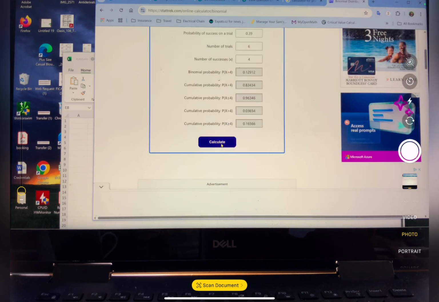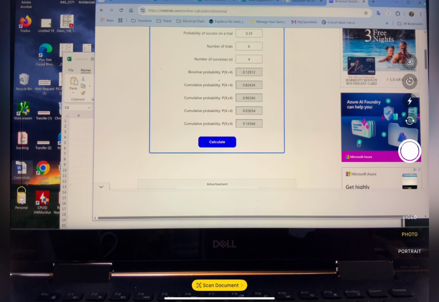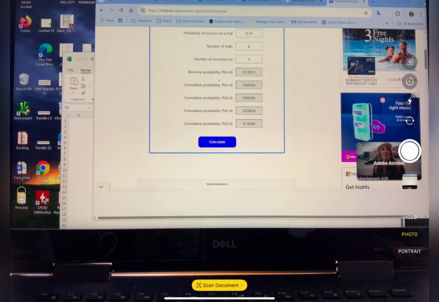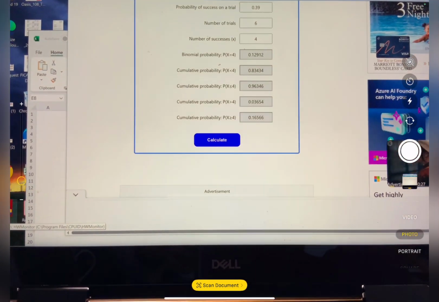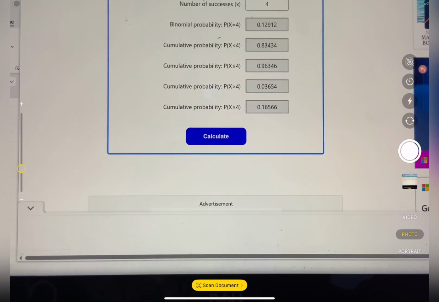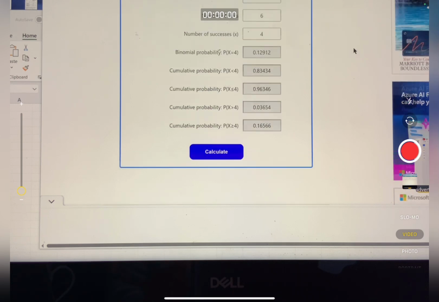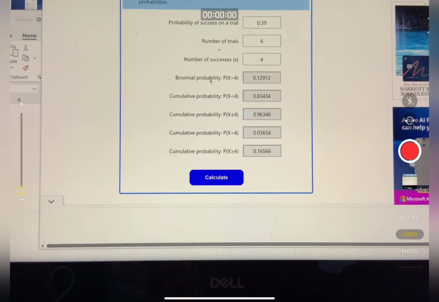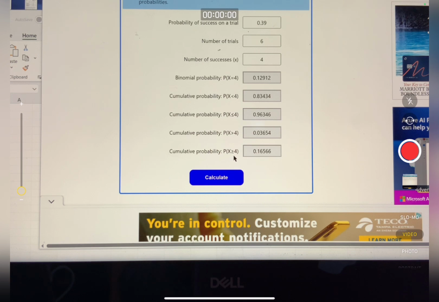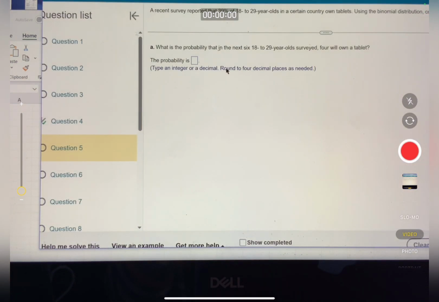Click calculate. Let me zoom in. It's giving cases for equal to 4, precisely 4 people, less than 4, less or equal to 4, greater than 4, greater or equal to 4. So let's see which one is our case.